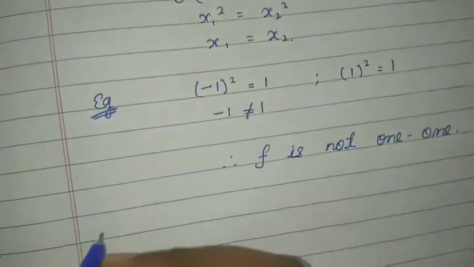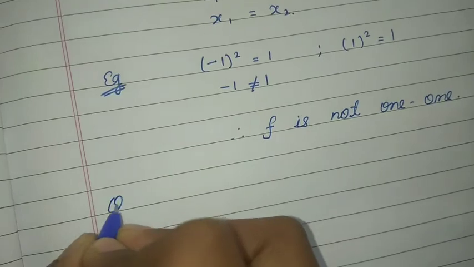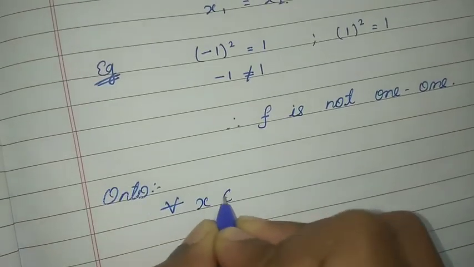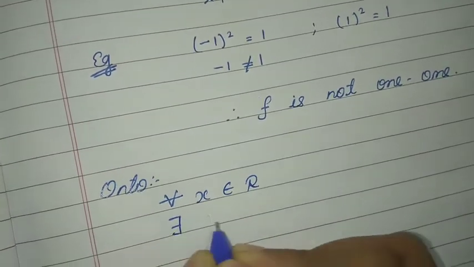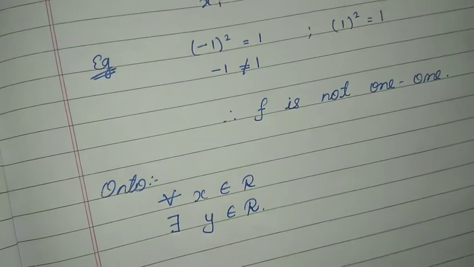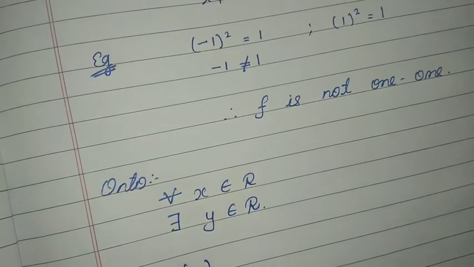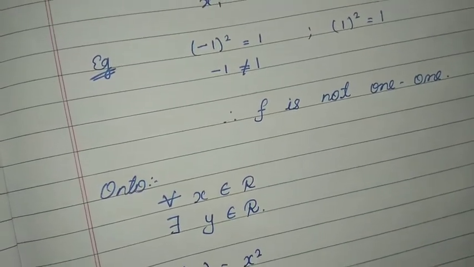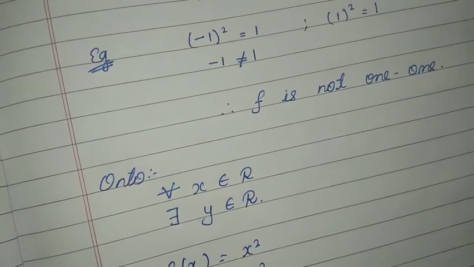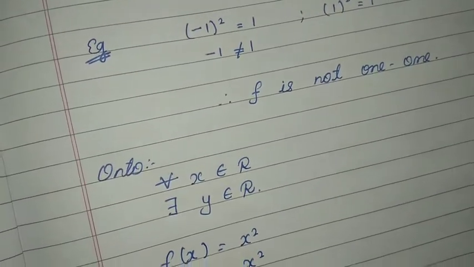Okay, this is clear. Onto: for every x belonging to R, there exists y belonging to R. So for f of x is equal to x square, y is equal to x square, then x is equal to root y.